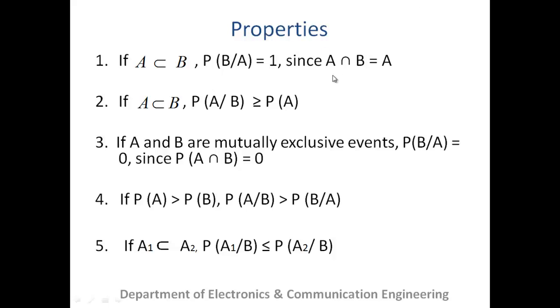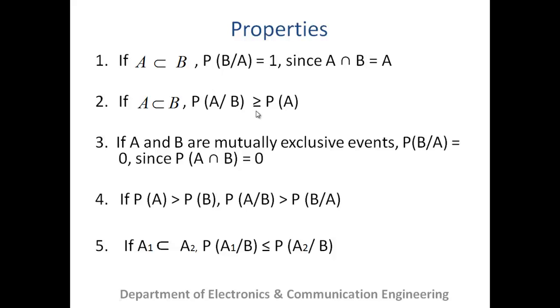Here we can see that A intersection B is equal to A because A is a subset of B. Now the second property: if A is a subset of B, then how can the probability of A given that B has occurred be obtained?